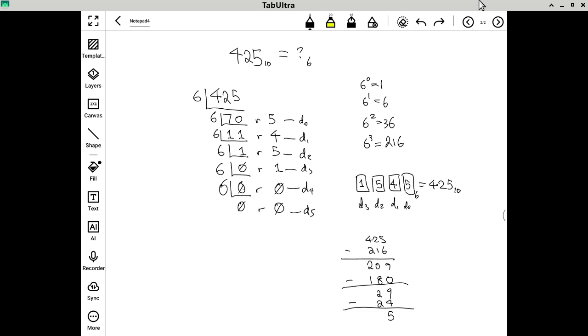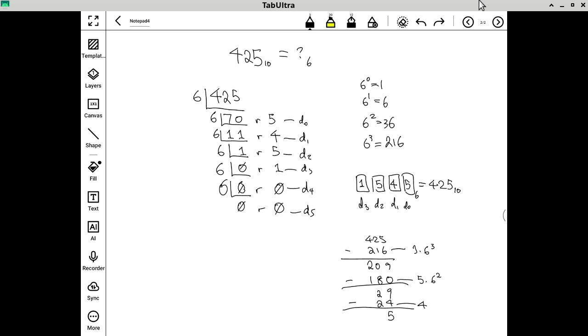180 comes from 5 times 18, 5 times 36, that is correct. 5 times 6 to the power of 2. So the 216 is coming from 1 times 6 to the power of 3. This is coming from 5 times 6 to the power of 2.